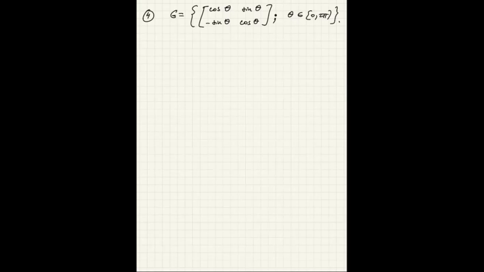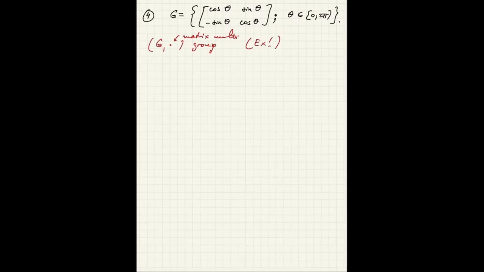Okay, so G with matrix multiplication is a group. I recognize it's something to do with rotations. So again, you can prove this.